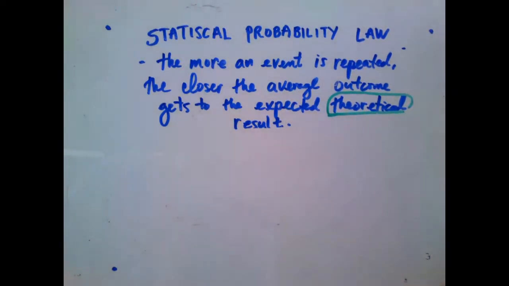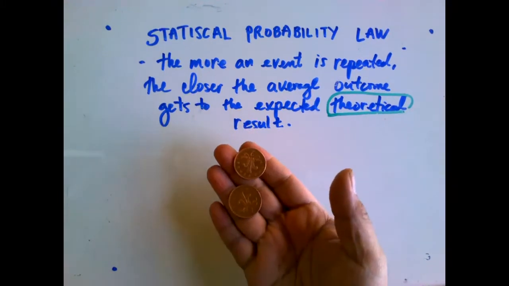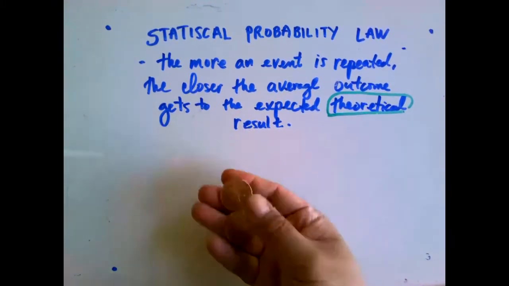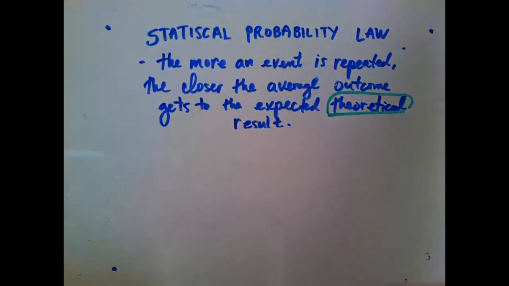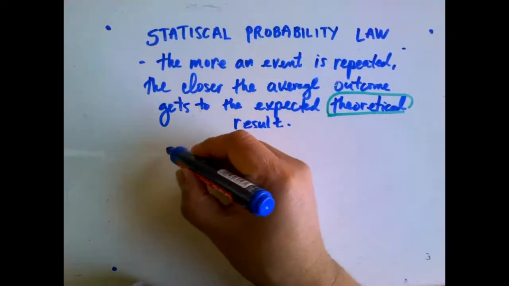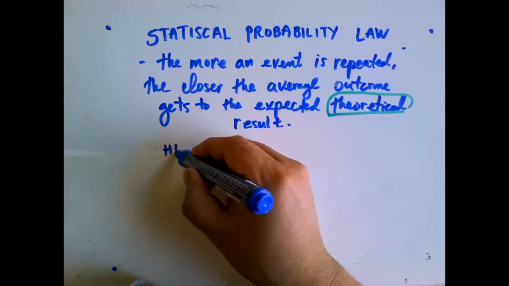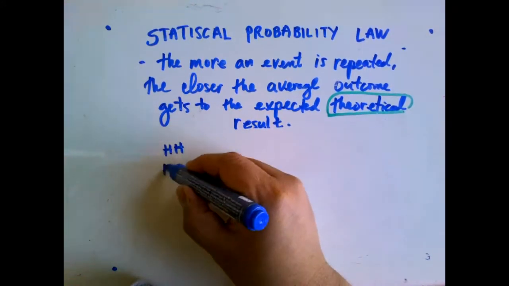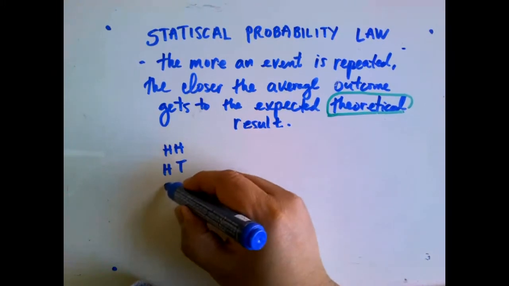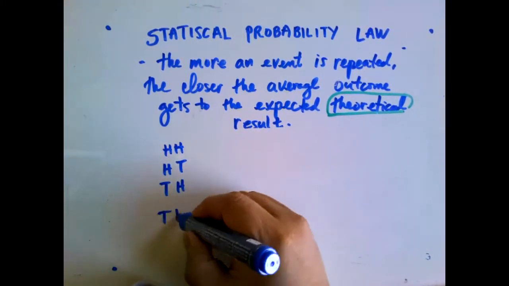In my previous lesson, when we were tossing two coins, we looked at all the odds of winning. When you toss two coins, it could be a head and a head, a head and a tail, a tail and a head, and both tails.